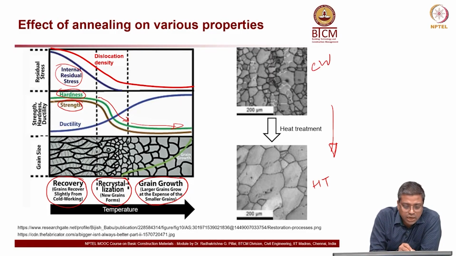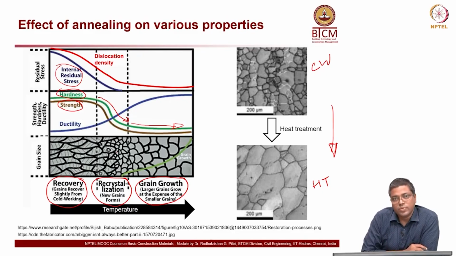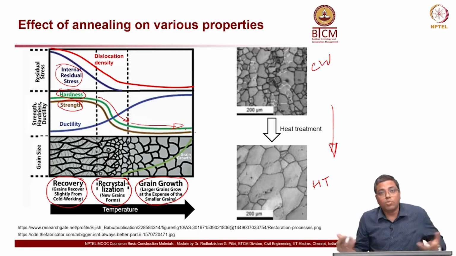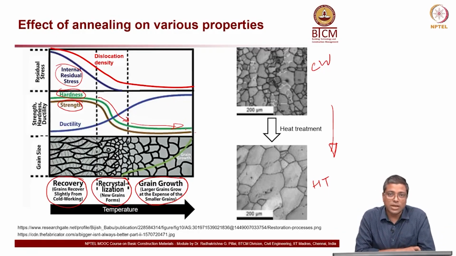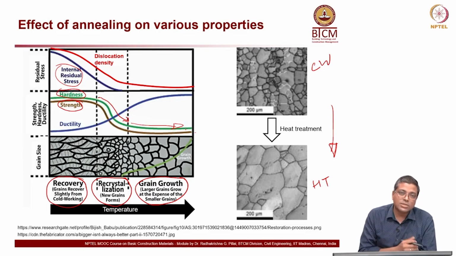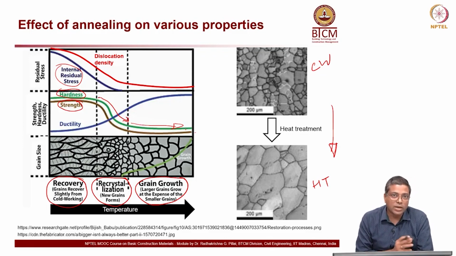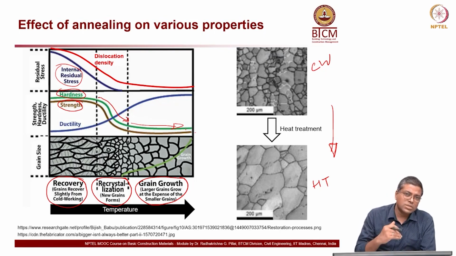In the recovery stage, not much difference, but again in the recrystallization stage, you lose the strength. Okay. Now, after the recrystallization, in the third stage, grain growth, you have again similar strength. Now, you can say that you do not want to reduce the strength, but that is the metallurgist's job of finding a material combination where strength loss need not be very high.